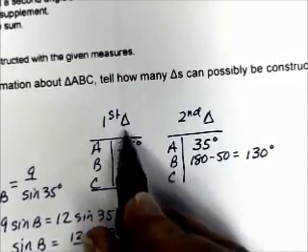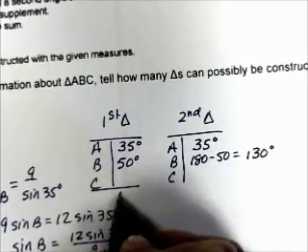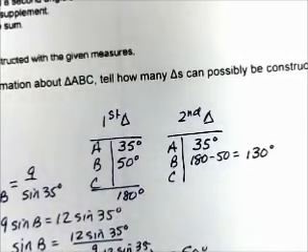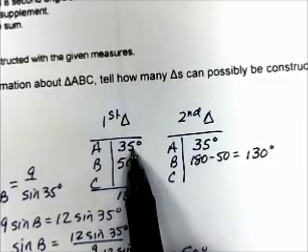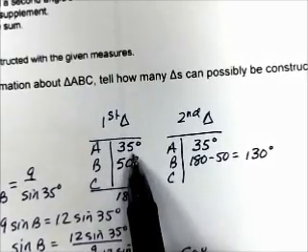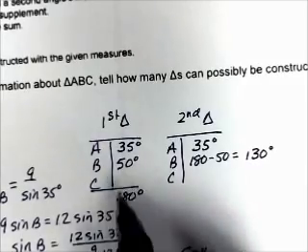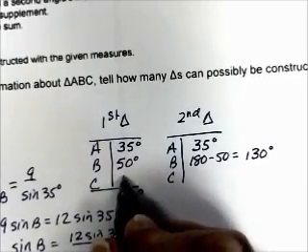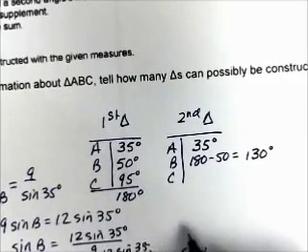The total of the 3 angles of any triangle would have to add to 180. So we take 35 plus 50, which brings us to 85. So that means angle C would have to be 180 minus 85, which is 95. All right, so these angles form a triangle.